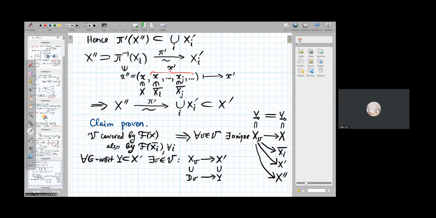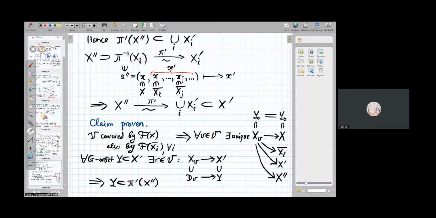So the composition of this map to x double prime and then the projection onto x prime will give you this map. And this implies that the orbit y is actually contained in the image of x double prime under pi prime. This is this projection from here to here.